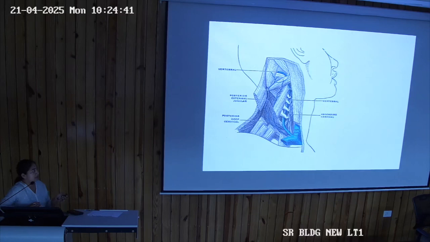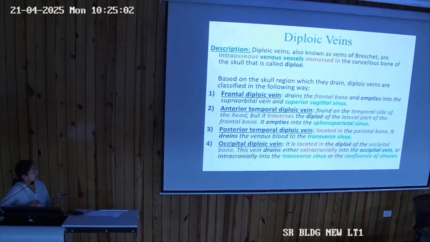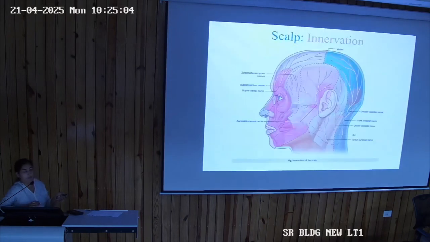The vertebral vein traverses through the transverse foramina in the cervical vertebrae and drains into the internal jugular vein. So this is how it reaches the internal jugular vein. So there is the formation of both the external and the internal jugular vein. This we have discussed, emissary veins and diploic veins that are lying in the two tables.